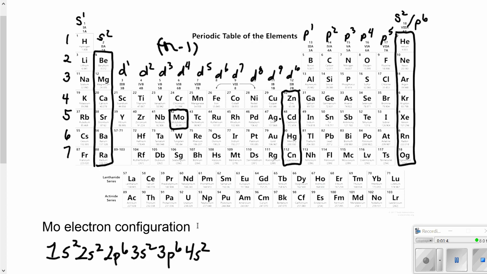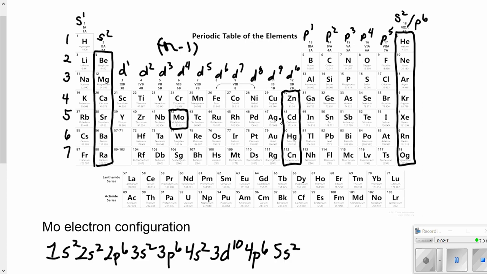Then we need to take a pause at zinc because on top of the d orbitals I have an n-1. That means the d orbital electrons are actually going in an inner shell. So it's the 4th energy level, but 4 minus 1 is 3. So it's actually going to be 3d10. Then back up again is Kr, which is 4p6, and then Sr, 5s2.